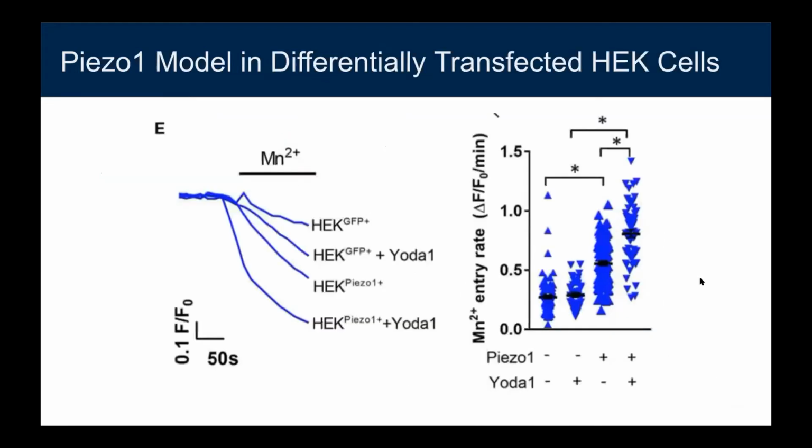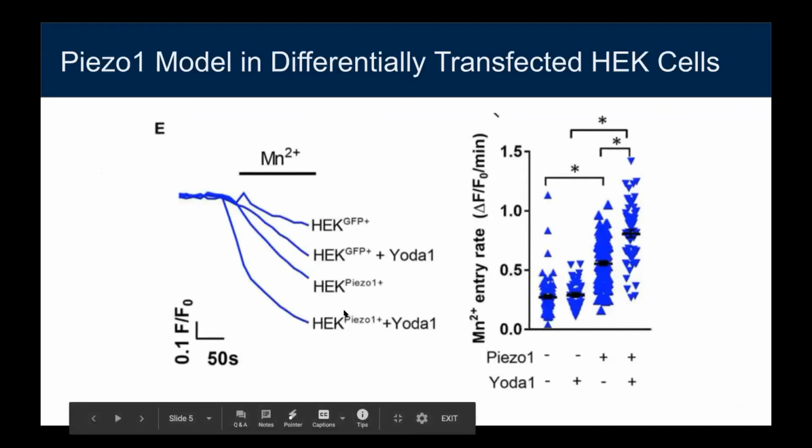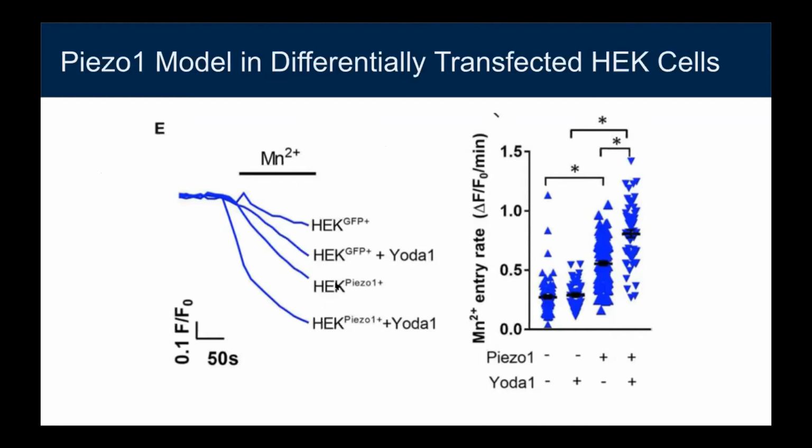They also set up a model in transfected HEK cells, where they transfected HEK cells with Piezo1 and activated them with Yoda1. They did the same, transfecting the HEK cells but not activating them. Then they used HEK cells transfected with GFP and treated with Yoda1, and HEK cells with GFP that weren't treated.